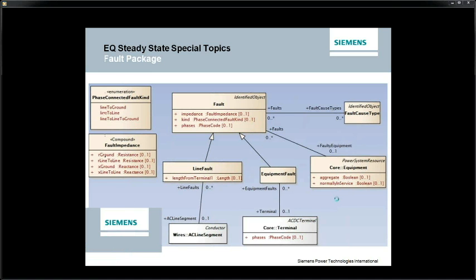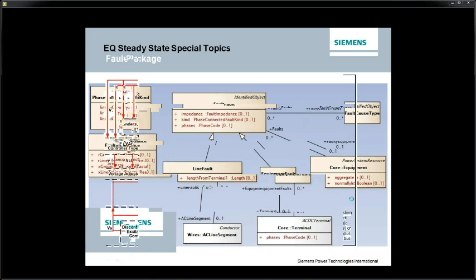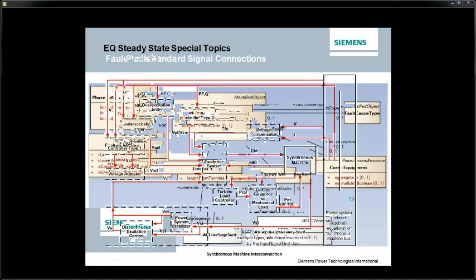Now, let's talk about the organization of the dynamics package. Many of you who are familiar with dynamics have probably seen this diagram. It's a standard association of different devices or components within a dynamic simulation.